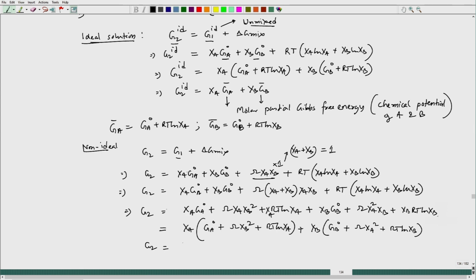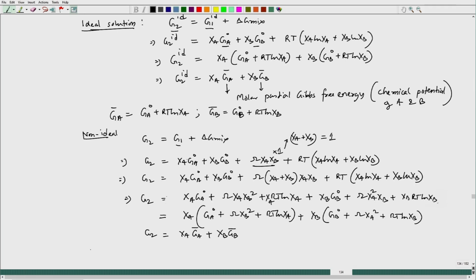So, G2 can also be written as XA GA bar plus XB GB bar. Then I can write GA bar equals GA naught plus omega, and instead of XB I can write (1 minus XA) squared, because XA plus XB equals 1.